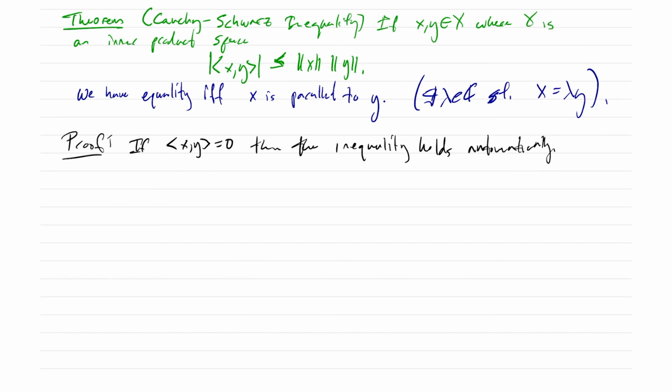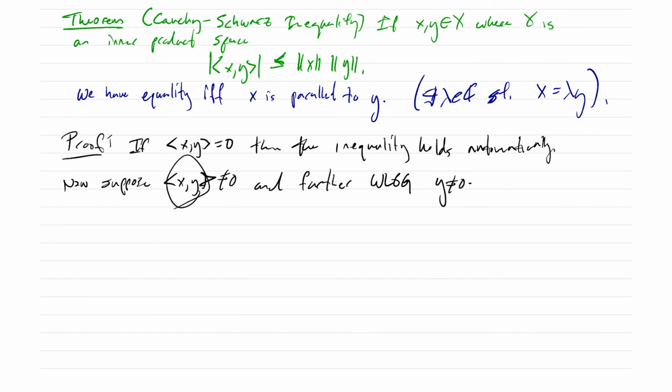Now suppose that the inner product of x and y is not equal to 0, and further, without loss of generality, I will assume that y is not equal to 0. One of these has to be nonzero, and might as well be y.